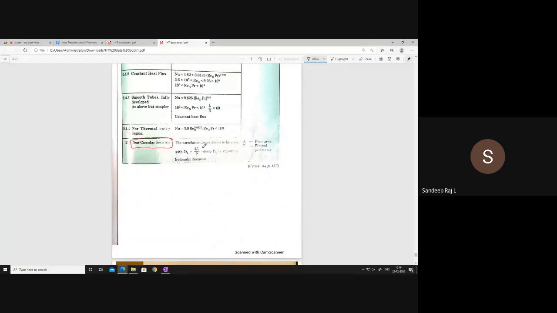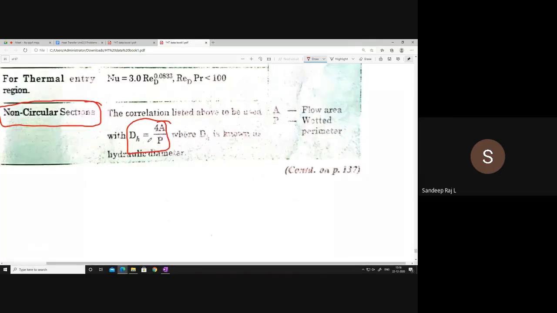Here you see something called DH, hydraulic diameter, you have to make use of. 4 into A by P is the formula for the characteristic dimension, or here it is called hydraulic diameter.